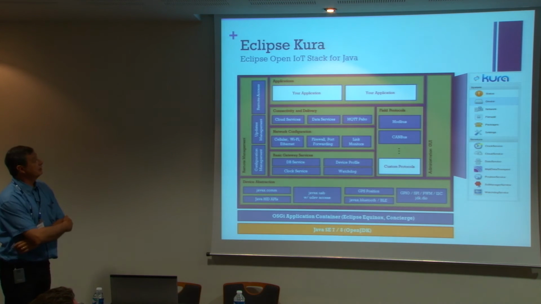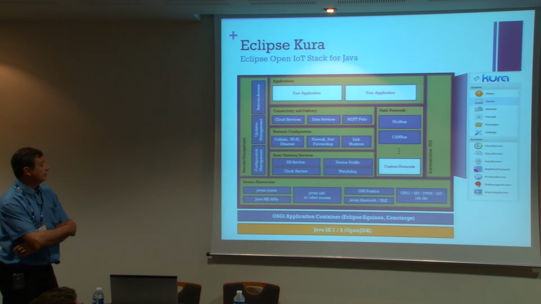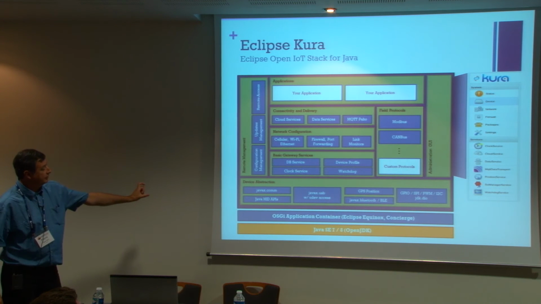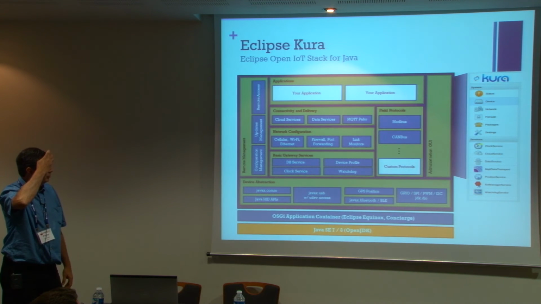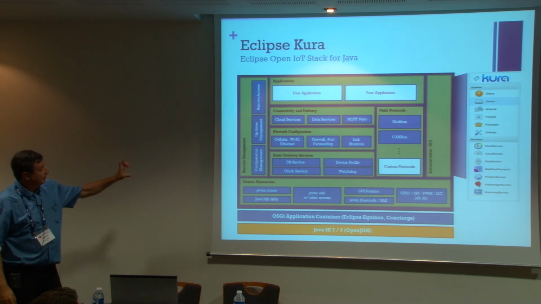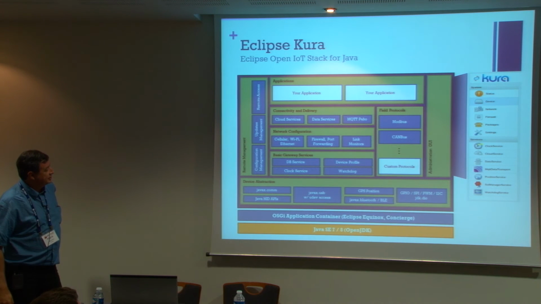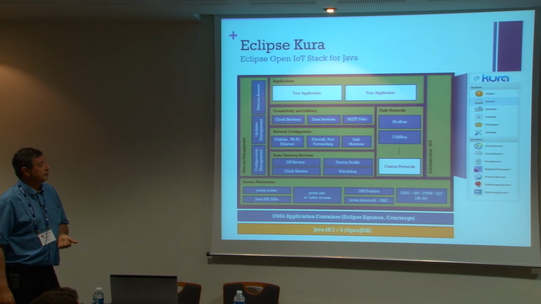So inside Kura, everything is also already in place. As you can see, we have the device abstraction, which is using mostly some already open sourced bundles. All the basic gateway services are also provided. So you have a clock service, which is taking the clock from an NTP server.